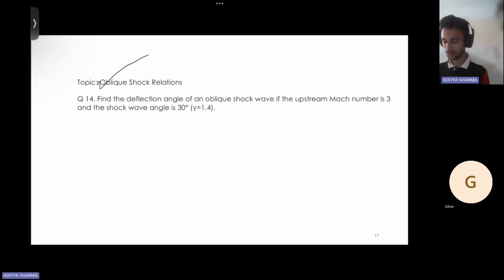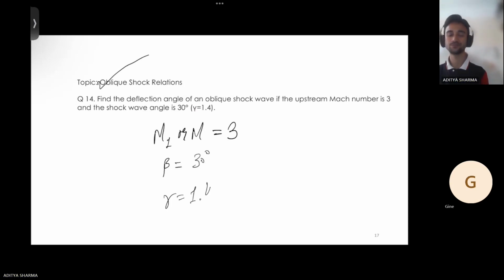Upstream Mach number is given. You write it M1 or M is 3 and beta is what? Beta is 30 degrees, right? And gamma is 1.4.